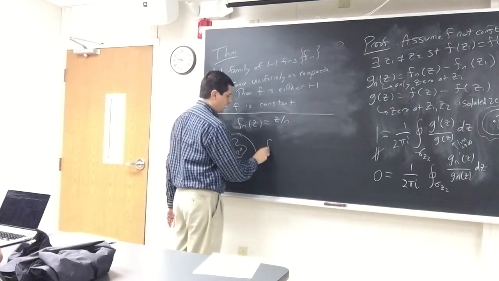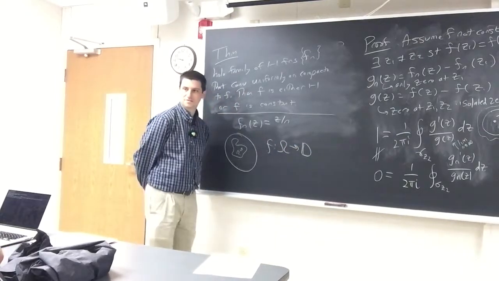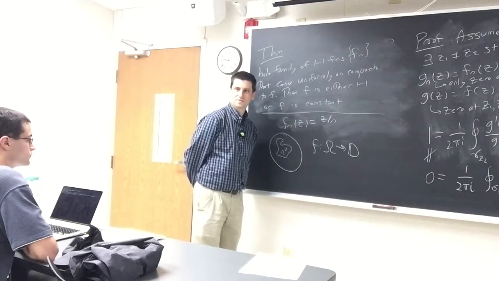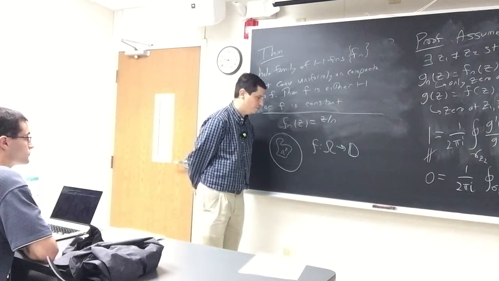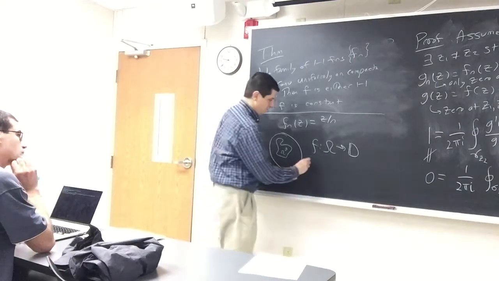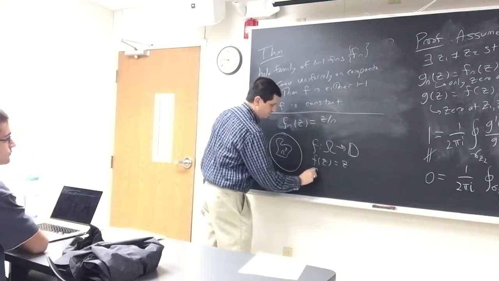Can you give me a function f from omega to the unit disk? I can think of two functions, and I want f of 0 to be 0. So this is one function, and there's another function you should be able to think of.